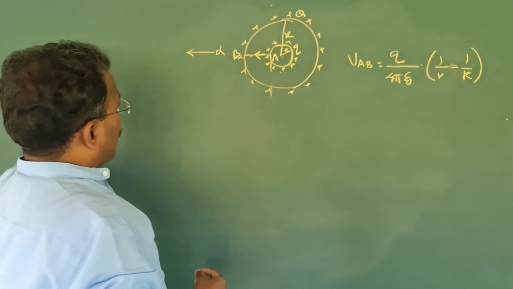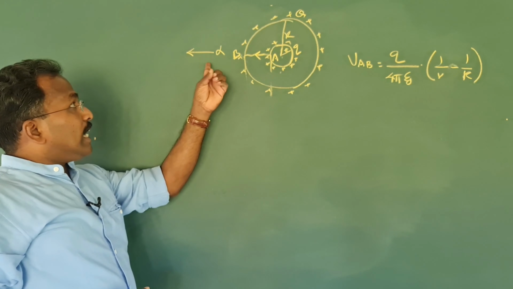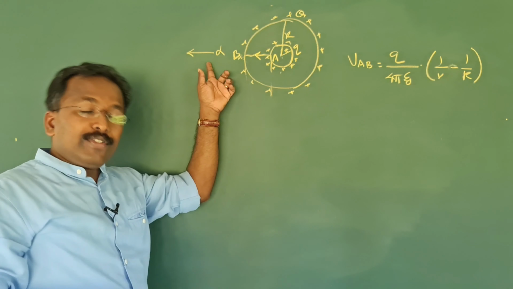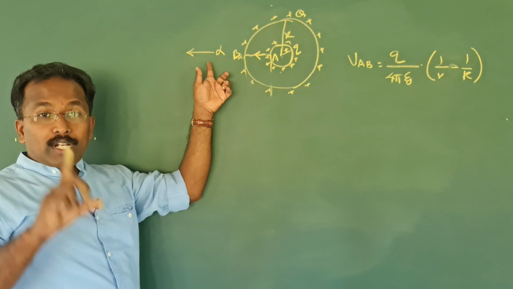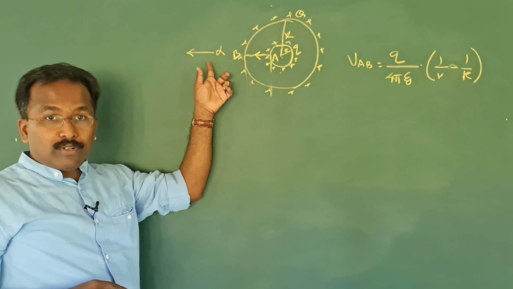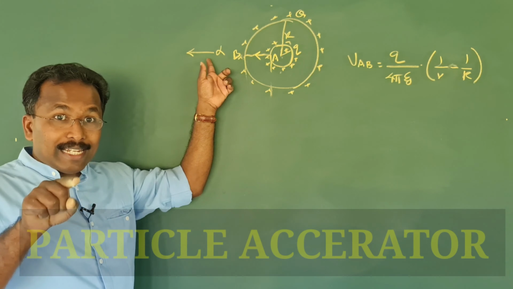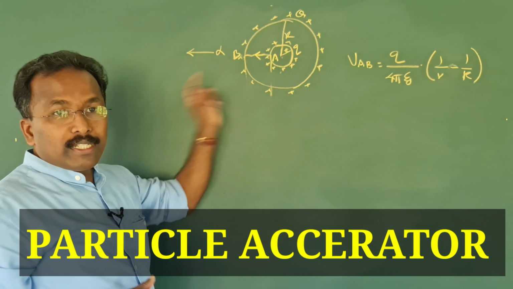The particle comes out with very large energy. Such highly energetic particles are required in physics for experiments in nuclear physics. So what Robert J. Van de Graaff thought was, let's make a particle accelerator. What's that? Particle accelerator using this idea.